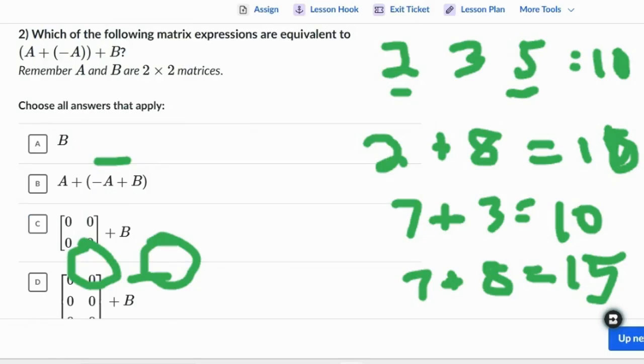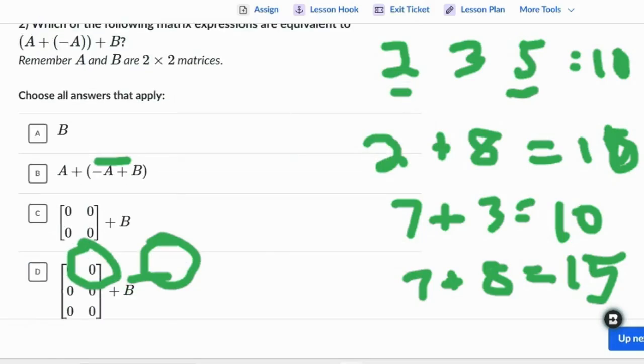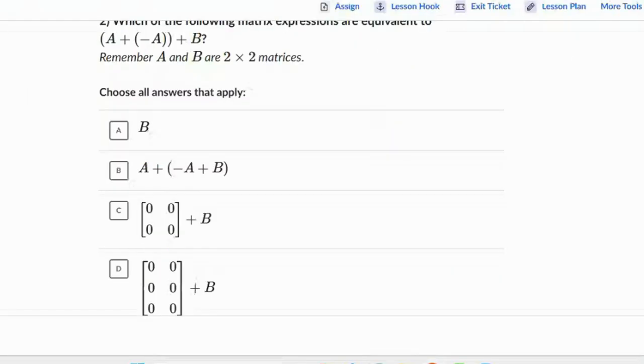Which of the following of these are equivalent to A plus negative A plus B? And they're all 2 by 2 matrices. That's important in our answer. A and B are both 2 by 2 matrices.